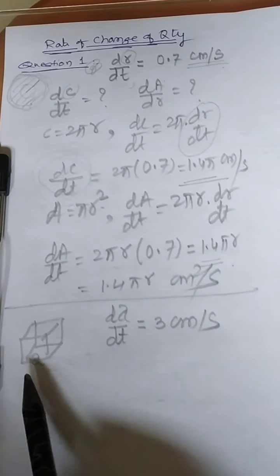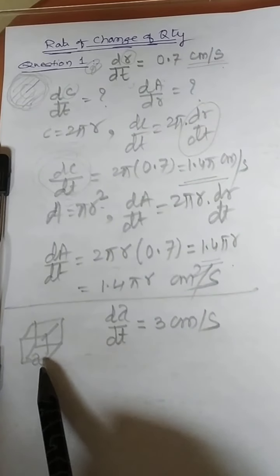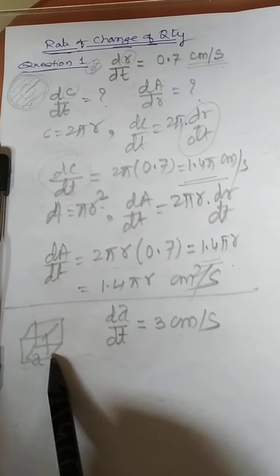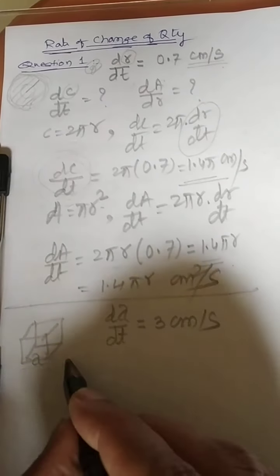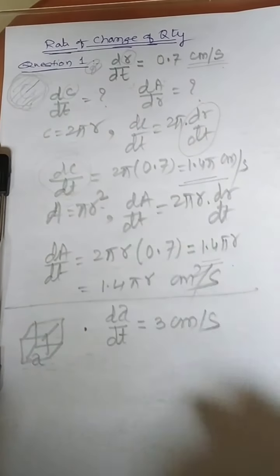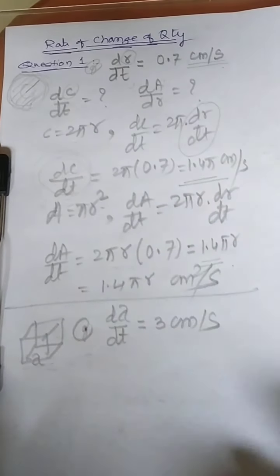What does it mean? If you wait for a second, then this side will increase. As a is increasing, automatically all sides will be increasing and you will be getting a new cube. Find the rate at which... how fast. The question is given. Now what is asked?